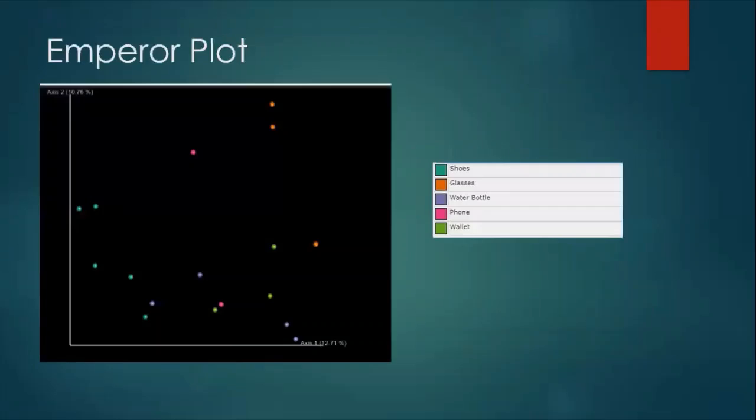First off, what we have here is the emperor plot. It should be noted, more emperor plots were created, detailing other differences. However, it wasn't found that they were helpful. And so, in the interest of time, I've only included this one. Now, what this is showing us here is principal components.